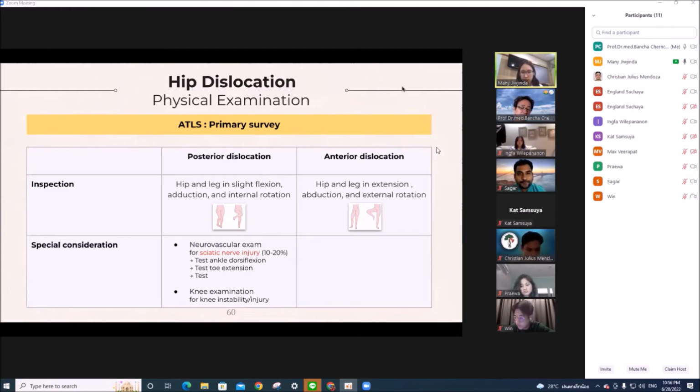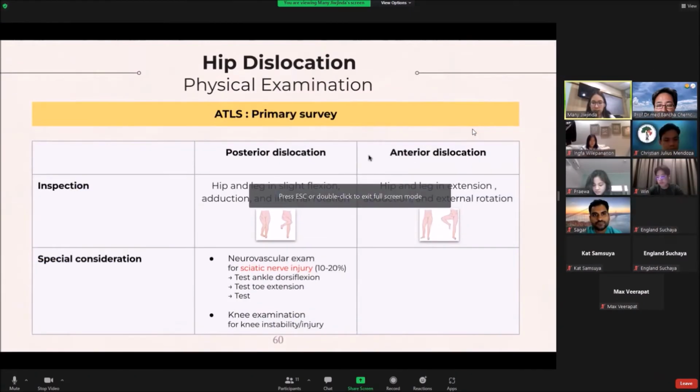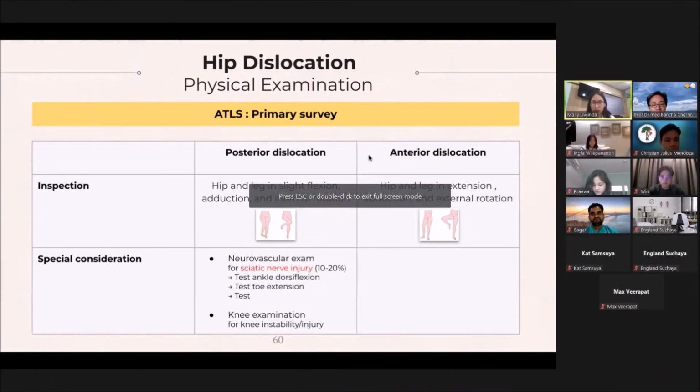The special thing about posterior dislocation, apart from being very common, is that it's associated with sciatic nerve injury and knee instability and injury. For sciatic nerve injury, don't forget to test ankle dorsiflexion, toe extension, and the sensory distribution.